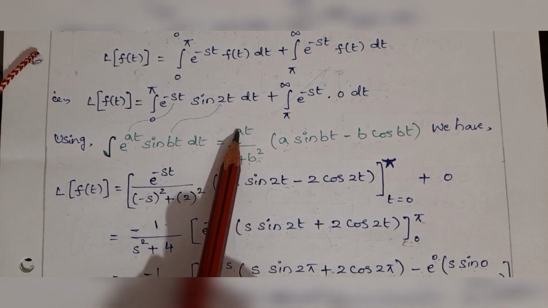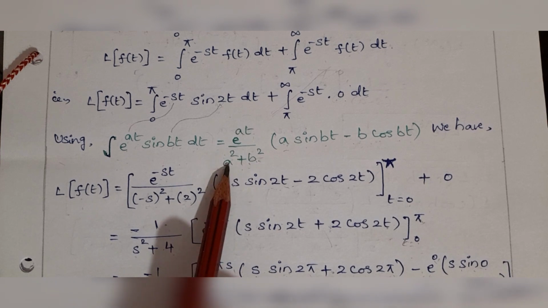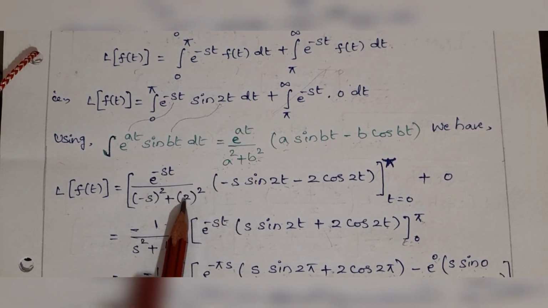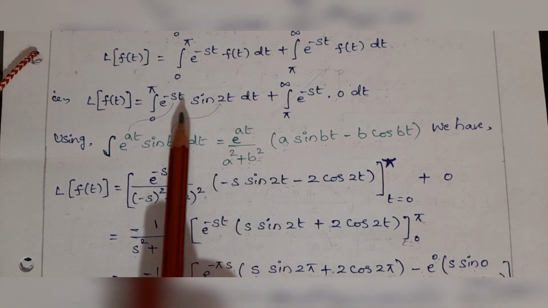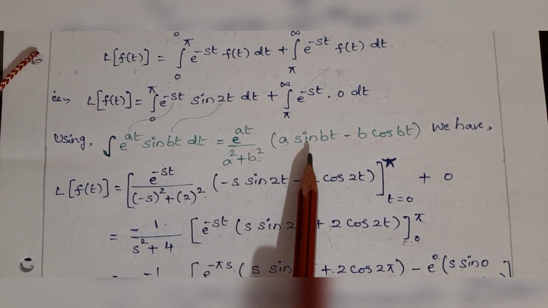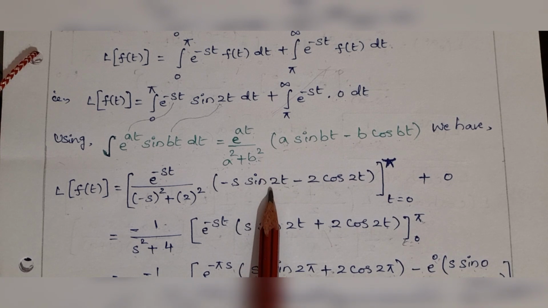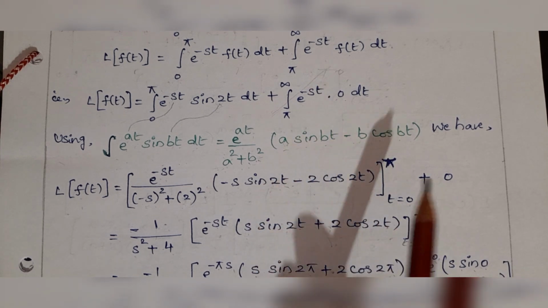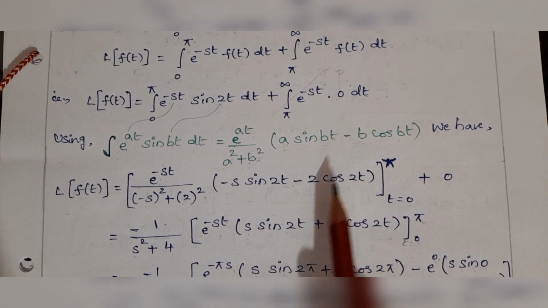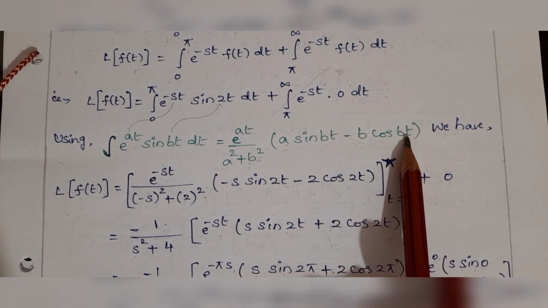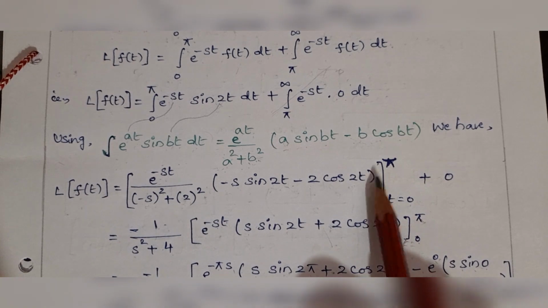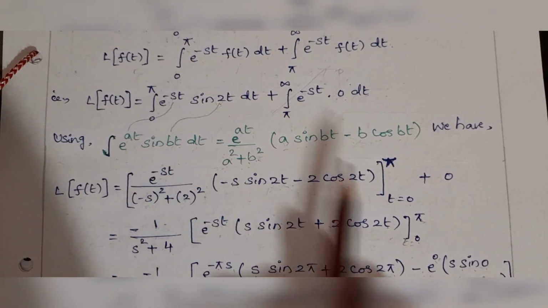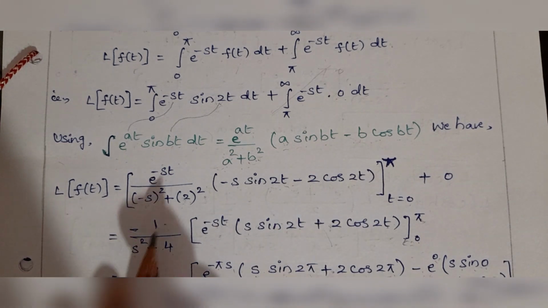So then e power of minus st divided by minus s whole square plus b value is 2, 2 whole square. A is minus s, sin b value is 2t. B value is 2. Okay, ಇಲ್ಲಿ t ಇದೆ, t ಬರೀರಿ. Minus b is 2, cos b is 2t. So apply the limit. Limit is 0 to pi.